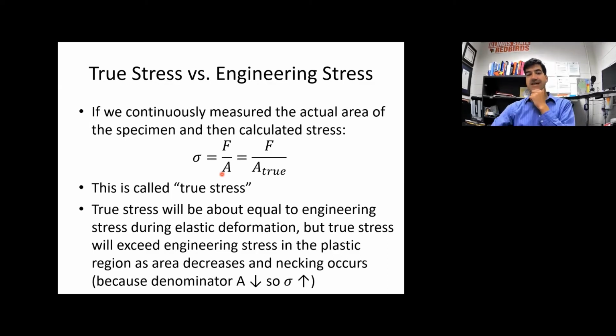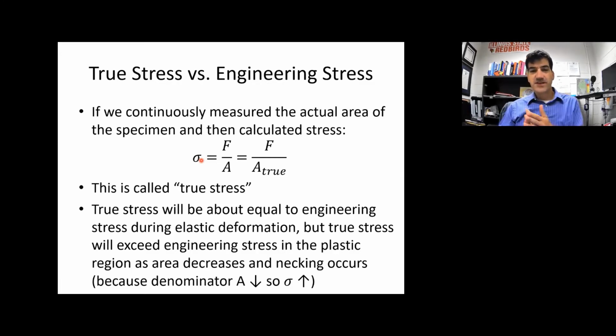So if our denominator decreases, we're dividing by a smaller number, what's going to happen to the resulting stress? Well, if you divide by a smaller number, then your result is going to be larger, right? So what we could say, and this is true, is that true stress is going to be larger than engineering stress.